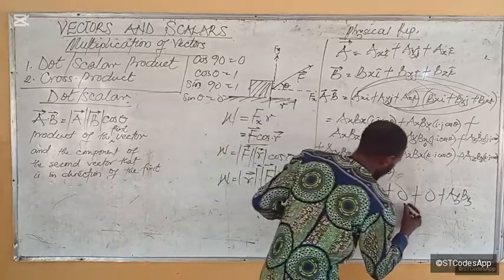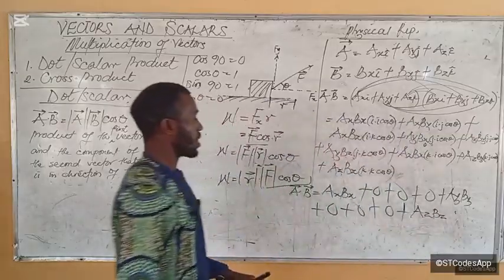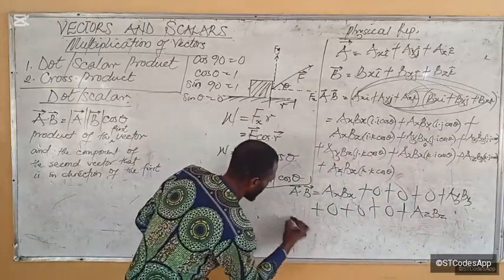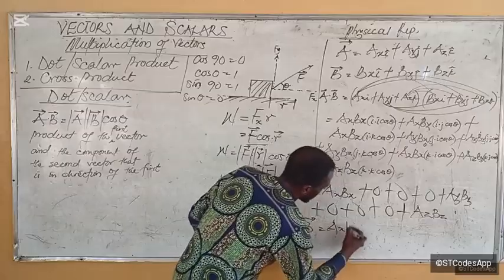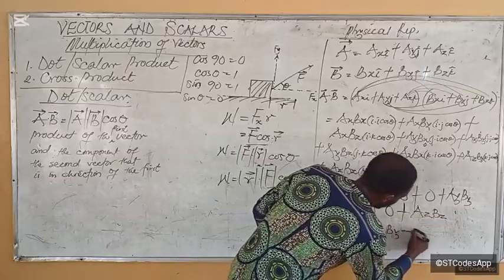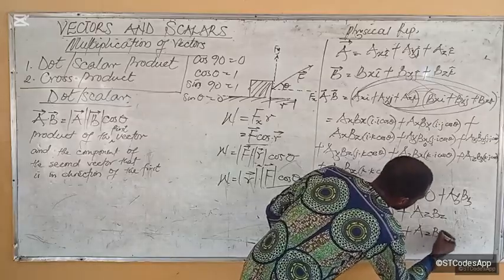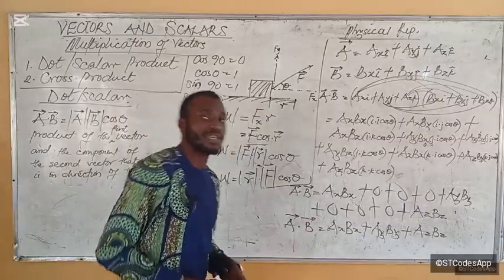So we have plus AzBz. So our final answer, A dot B, will become AxBx plus AyBy plus AzBz.